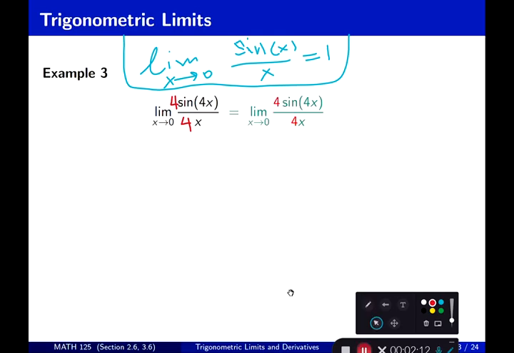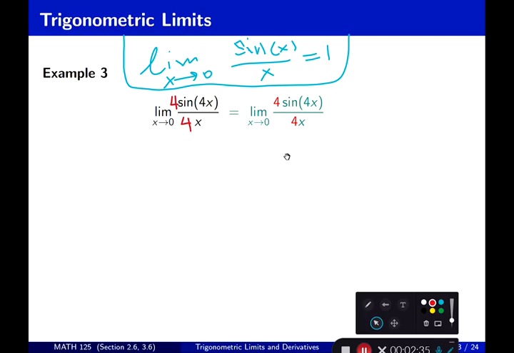So we're doing limit as x approaches 0 of sine of 4x over 4x. Now, not bad. If I cover up the 4, I will end up with a very similar expression as that, except that I don't have x goes to 0.